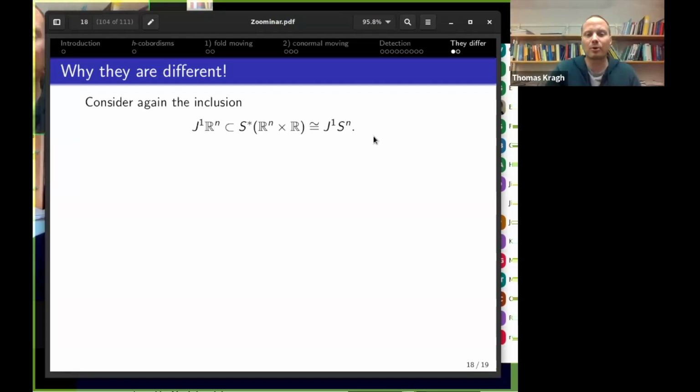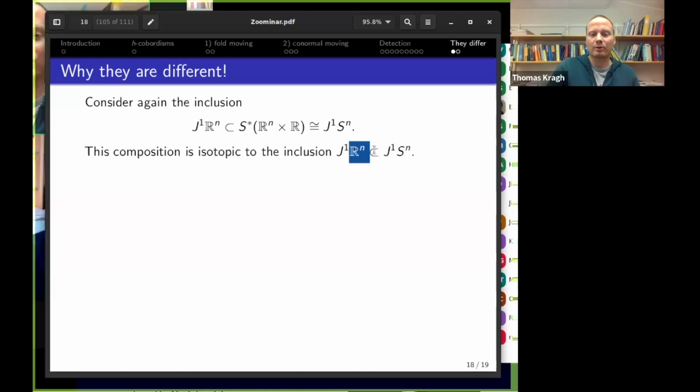But what's important here is that if I take the J1 of Rn into this unit cosphere and then back into J1 Sn, this is contractible. So this is isotopic to whatever inclusion you want. In particular, it's isotopic to the standard inclusion of including Rn into S1 and then just take J1 of that.